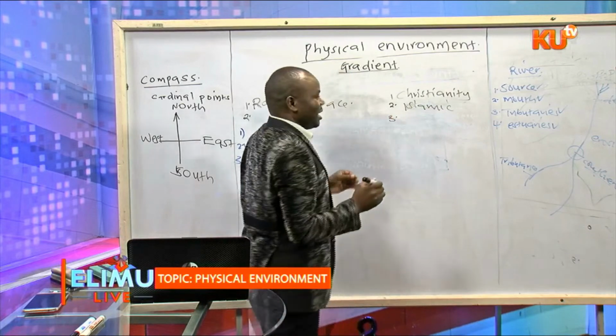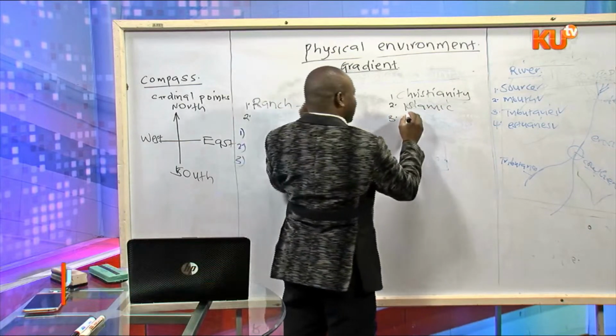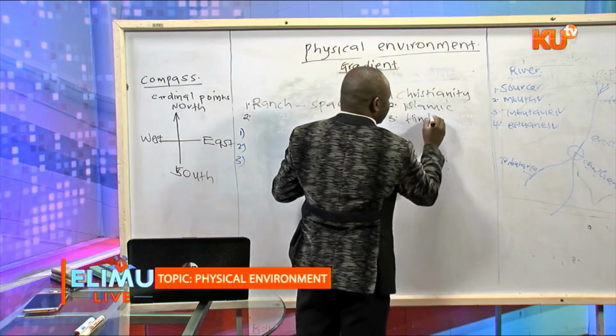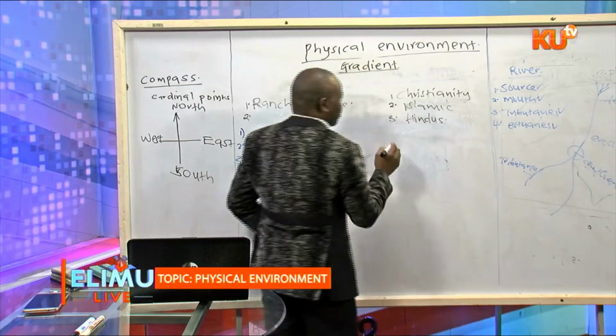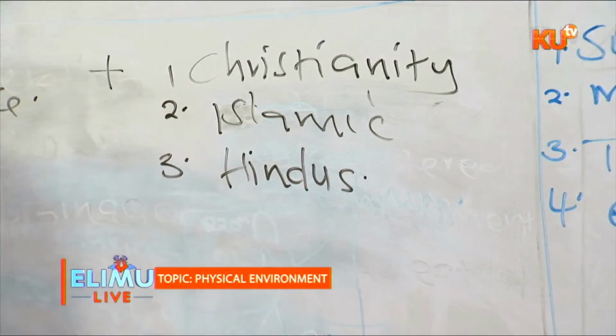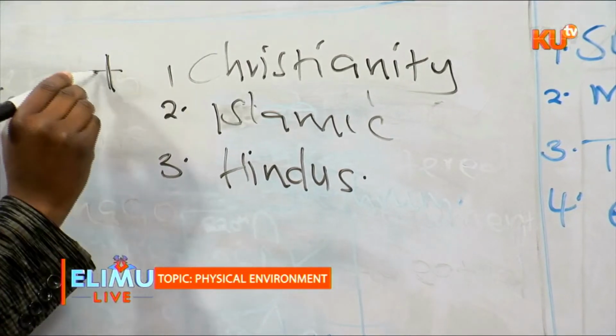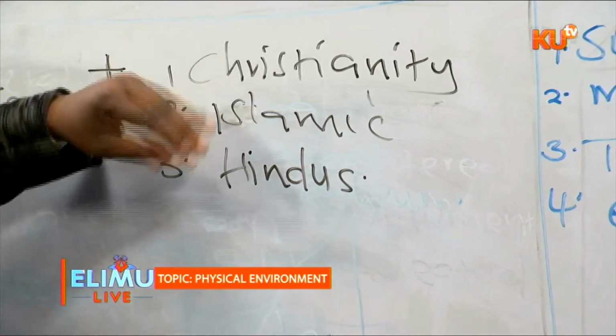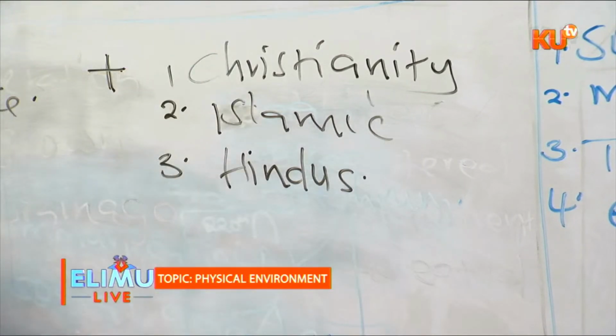We have other religions like the Hindus. So all these, and any other religions, because it is so diverse. So Christianity, this is the sign. It is shown by a cross.